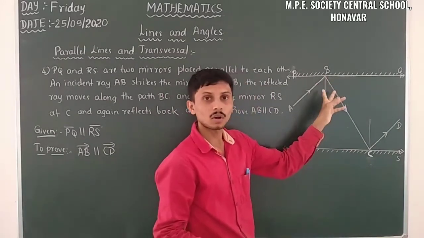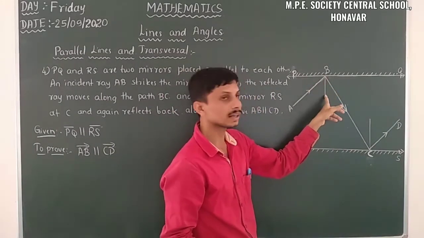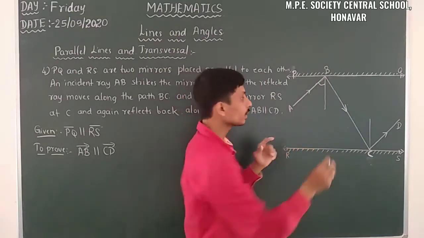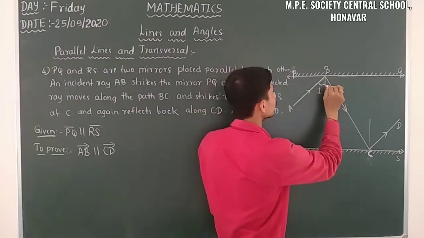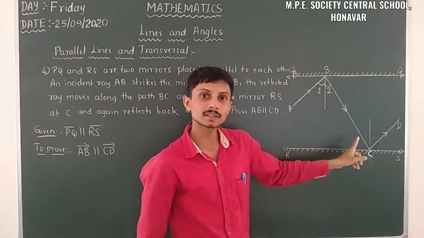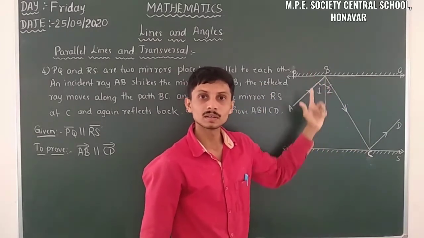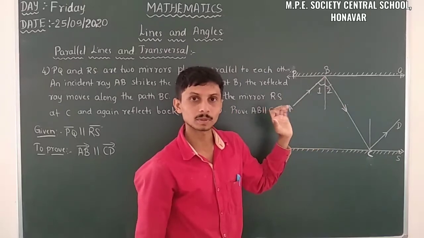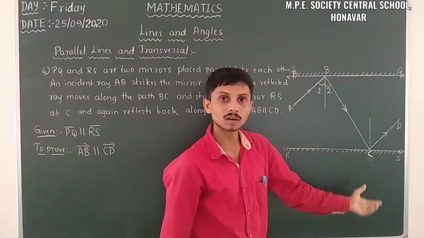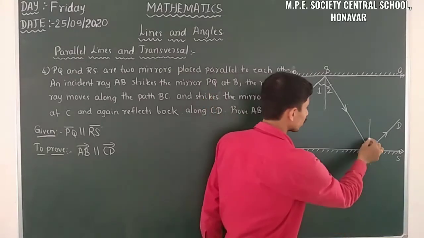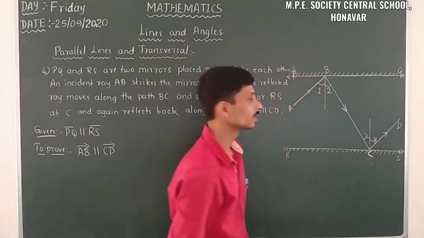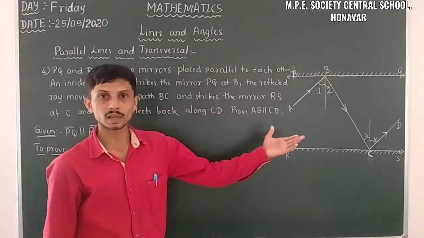The angle between the incident ray and the normal is the angle of incidence, which I will call angle 1, and angle 2 is the angle of reflection, the angle between the reflected ray and the normal drawn at the point of incidence, perpendicular to the mirror. Here also I draw a normal perpendicular to the mirror. I will take this angle of incidence as 3 and the angle of reflection as 4 here.